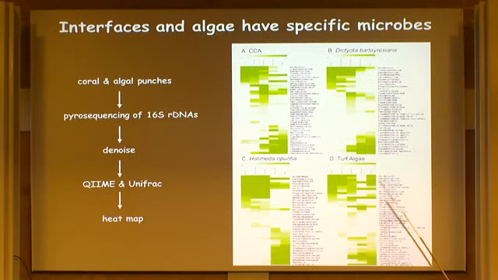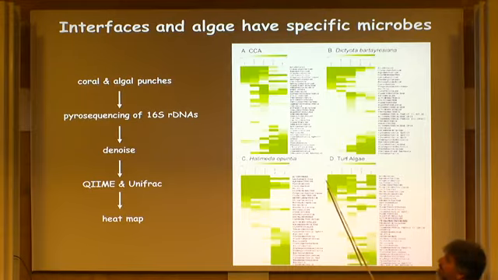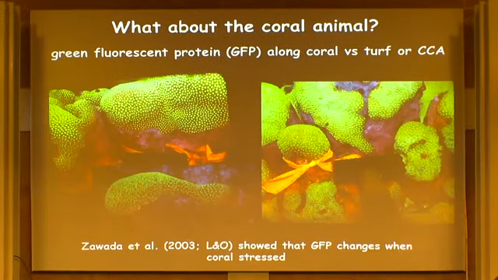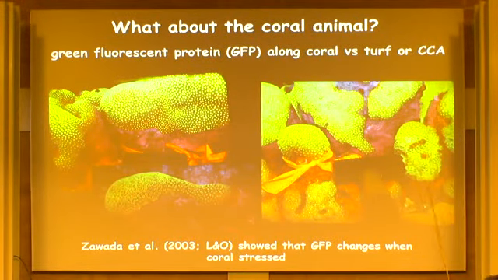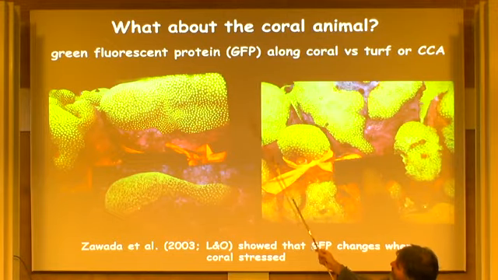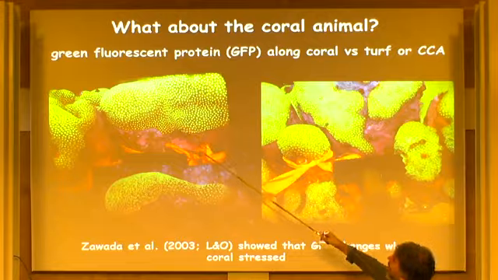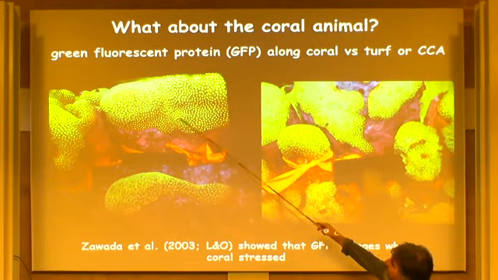And I'm going over time, so I'm just going to tell you quickly. Also, if you look at these interfaces, they have different microbes. And this is a measure, which is a kind of a nice one. The corals, remember, corals are cnidarian, so they naturally have GFP in them, so green fluorescent protein. And then this is the algae. So you can see them fluoresce.